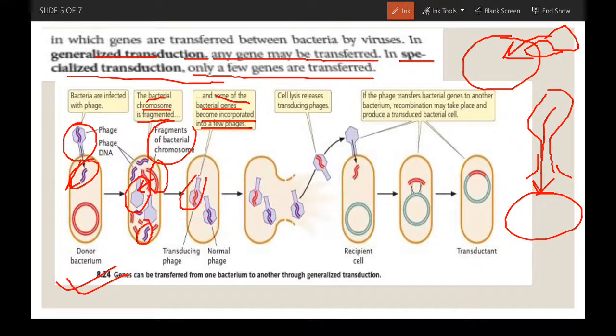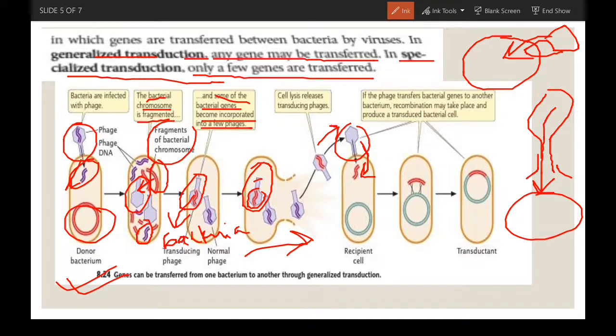So it is a phage particle, but it has the DNA of a bacterium. Bacterial DNA is present within a phage protein coat. When lysis occurs after that, this phage, which has a phage protein coat and can infect another bacterium but carries bacterial DNA, will infect another bacterium and transfer a bacterial genome.